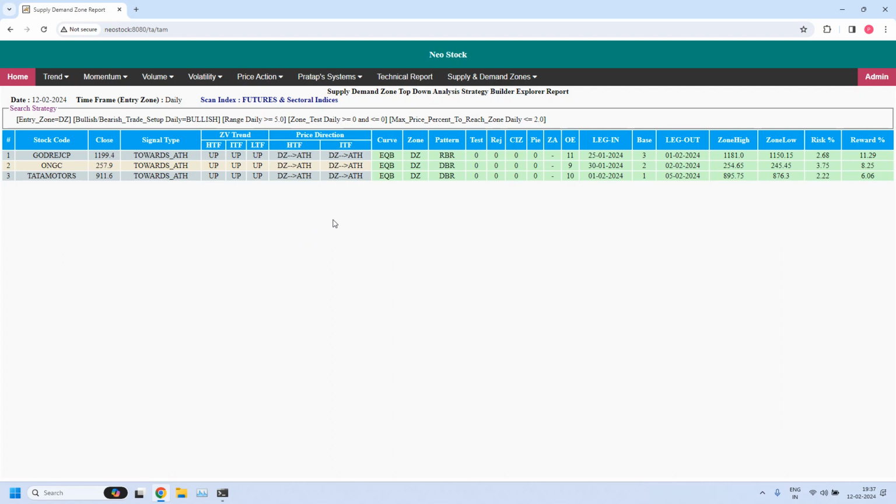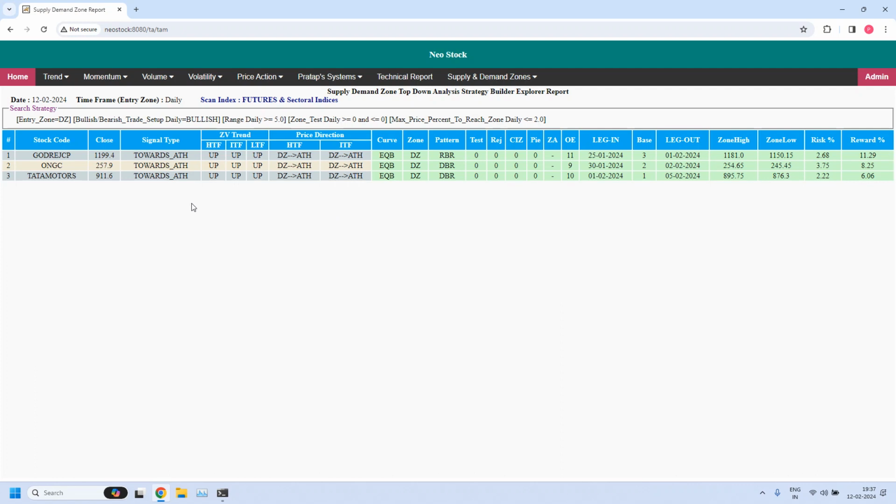If the zone quality is good, whether you take your trade directly at the type 2 entry or type 1 entry at the daily zone, or at the 75-minute zone, though the risk is high, or at the 15-minute zone, that is up to you. Fine tuning the zone up to 5 minutes doesn't mean you have to take entry only at the 5 minutes level. Up to the 5 minutes level, the quality of the zones is good, and there are higher chances of success in that zone. That is what you have to understand.